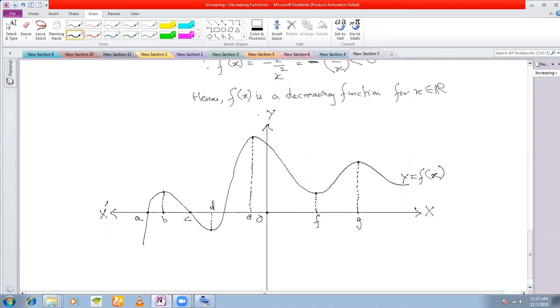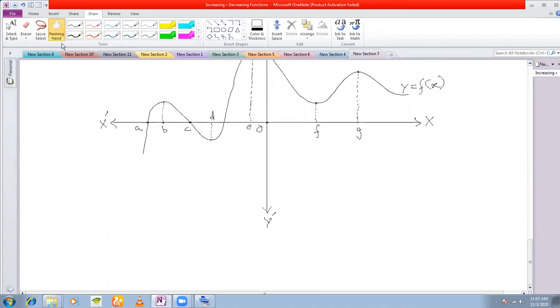Now see, in the interval AB, what is happening? Interval AB means this part, right? See that the function is continuously increasing, right? So f(x) is an increasing function.